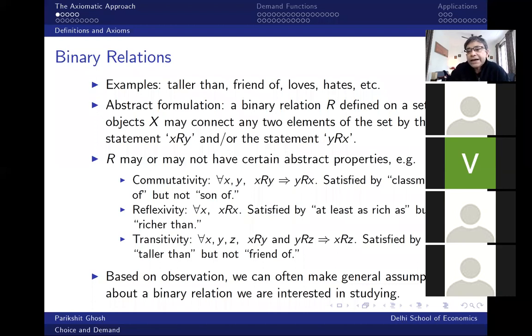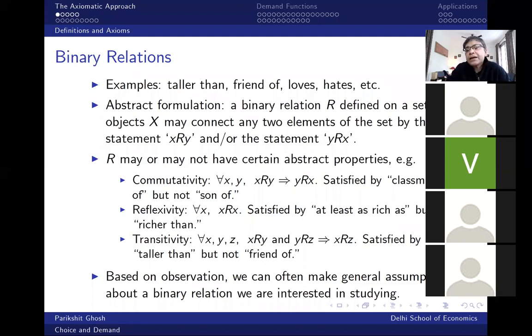So Hicks and Slutsky said, let's see if we can develop a fruitful theory of choice, starting from the assumption that consumers have preference orderings like this over their various choices.